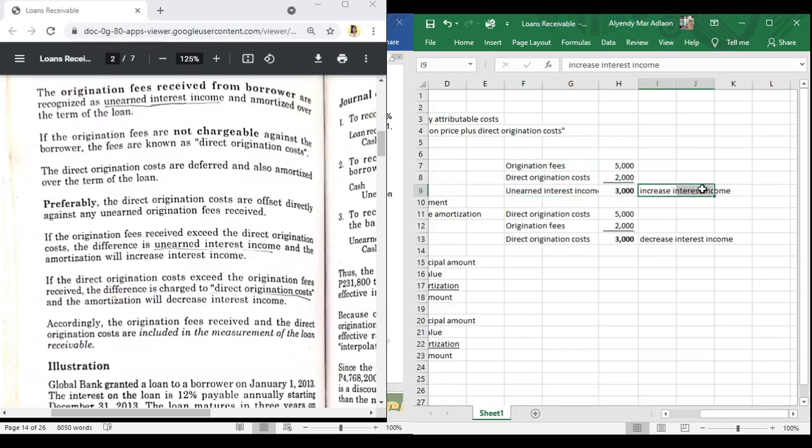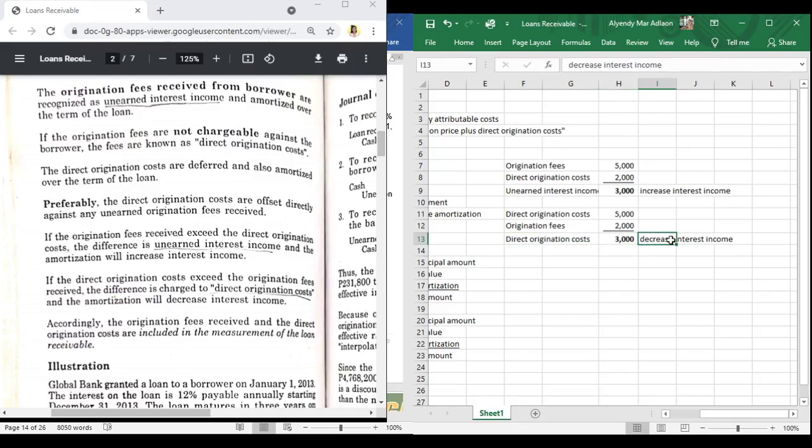That means, aside from the interest income the borrower pays, there is also the amortization of this unearned interest income. But if the direct origination cost is greater than the origination fees, then the net amount would be treated as direct origination cost. So, it will decrease the interest income.